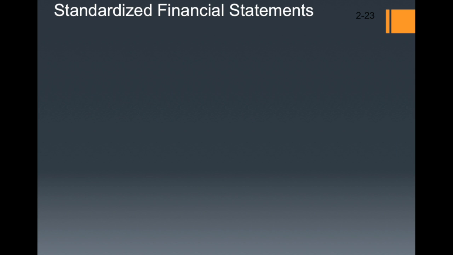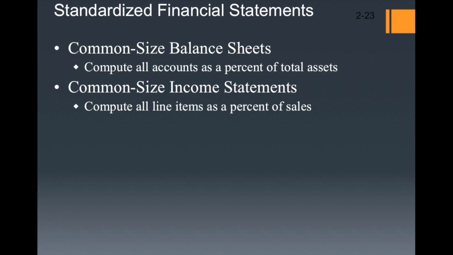It often is important and useful to standardize financial statements. Later on in the class, when you do your discounted cash flow project, you will create a common size income statement, and a certain part, not the entire balance sheet, but part of the balance sheet, as a common size balance sheet. Typically, as your textbook says, accounts are going to be a percent of assets in a common size balance sheet.